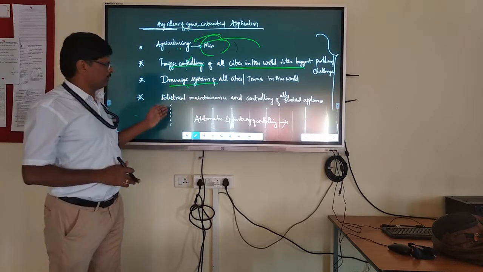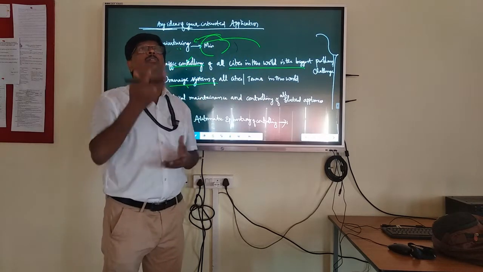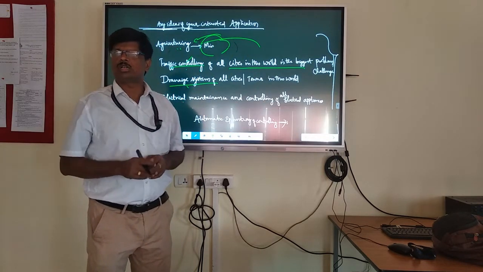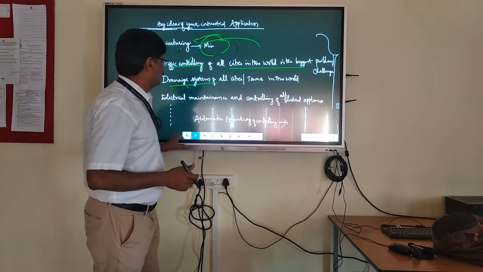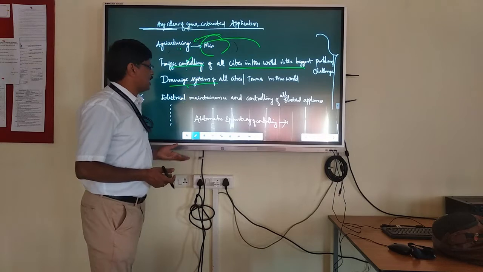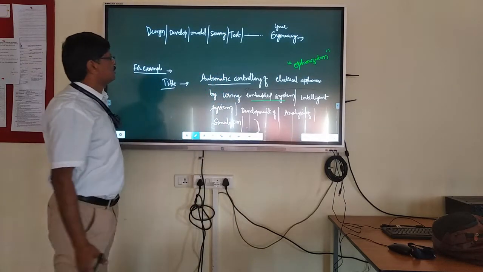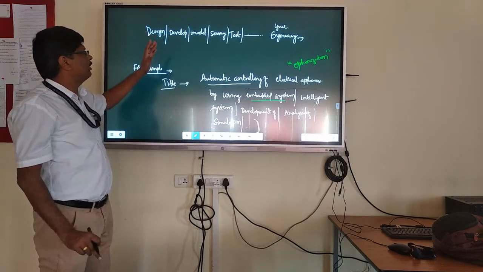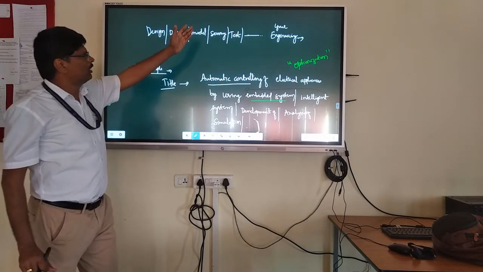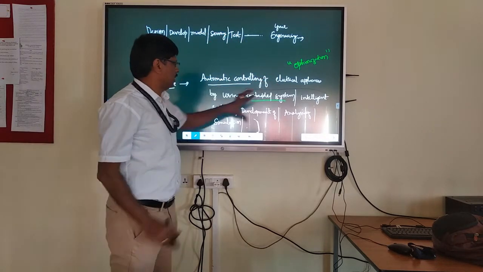Are you understanding? That is electrical maintenance and controlling of all electrical appliances, maybe fans, lights, switches, ACs, all that. This is what electrical controlling is like. These words only you should say in the title, each word is important: design, develop, model, or testing of, for example, automatic controlling of electrical appliances.